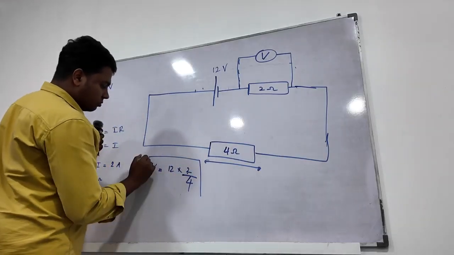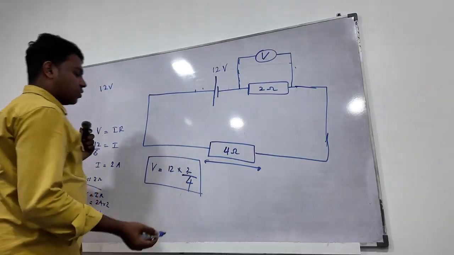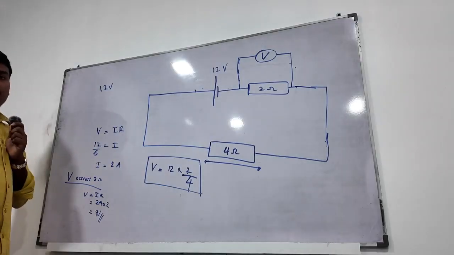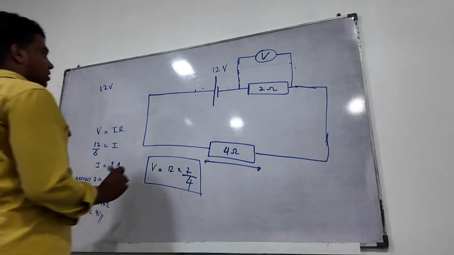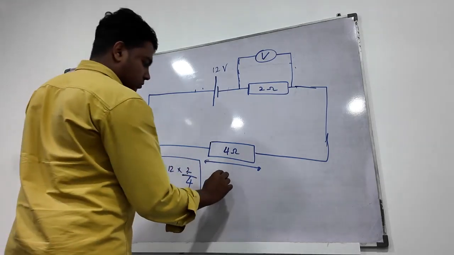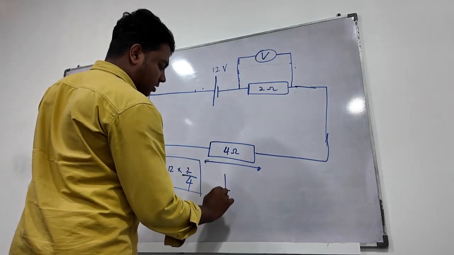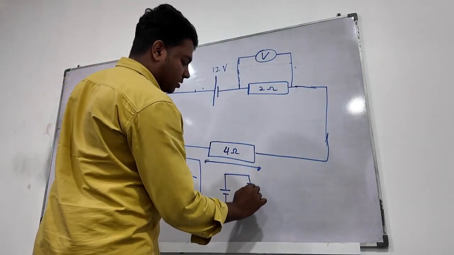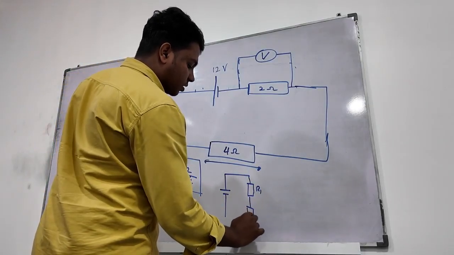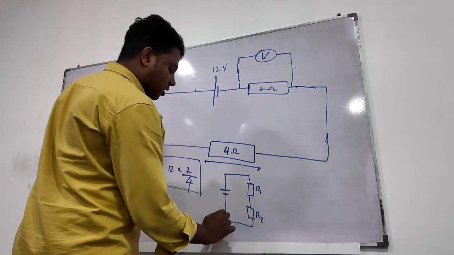In Kirchhoff's voltage rule, we learn this method under potential divider. So there's this equation. Imagine this is a dry cell and there are two resistors, R1, R2. This is the theory part.